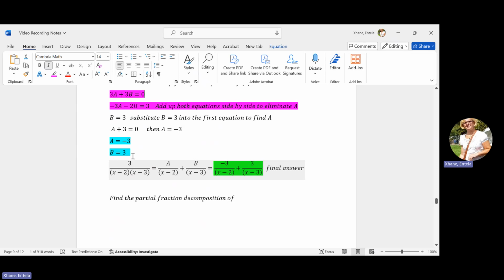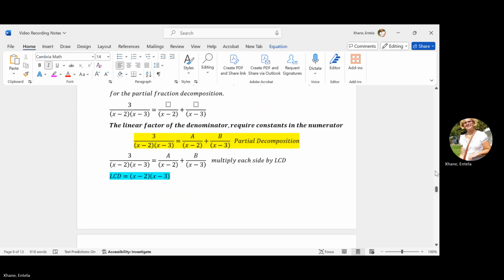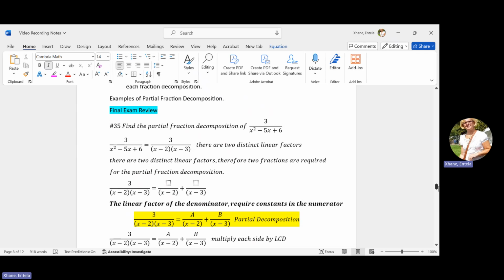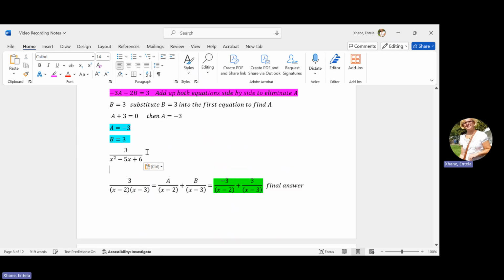So I went from, let's take the original one. This is how I started right there. This is my original expression. This original expression was originally decomposed into 3 over x minus 2 times x minus 3.